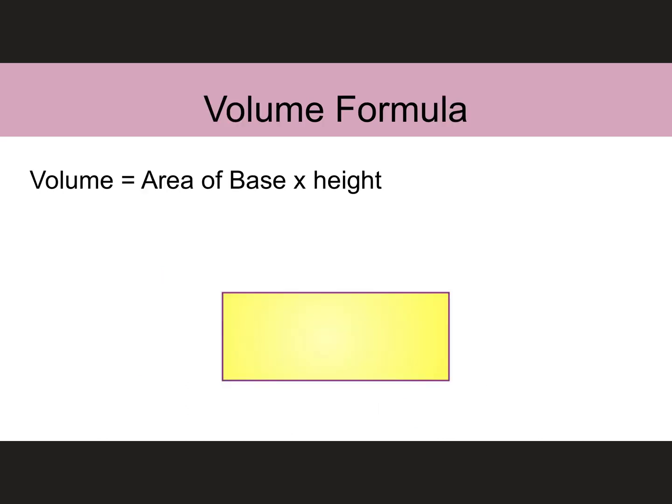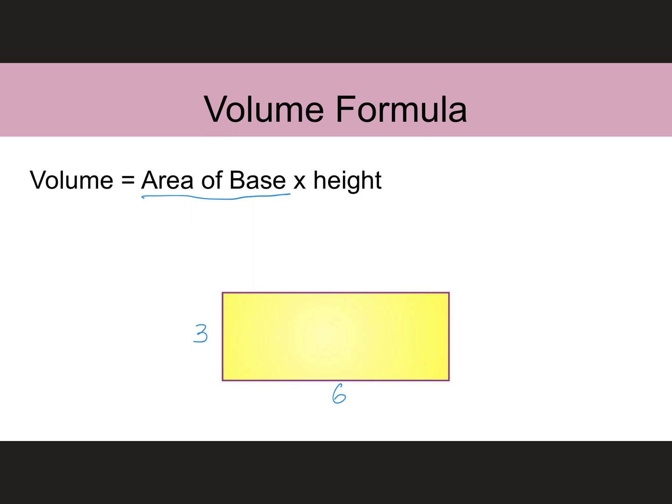So the more natural way of solving a volume is to first find out the area of what's called the base. For example, I'm going to draw a 3D shape here, but what I want to do first is find the area of a base. So let's say I have this area of a rectangle and it's 3 by 6.